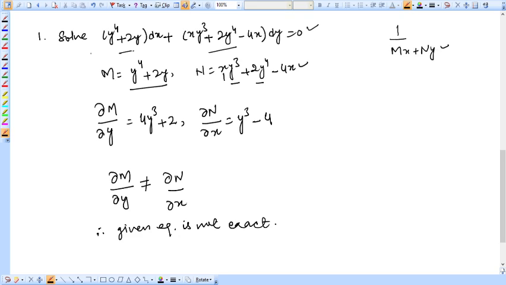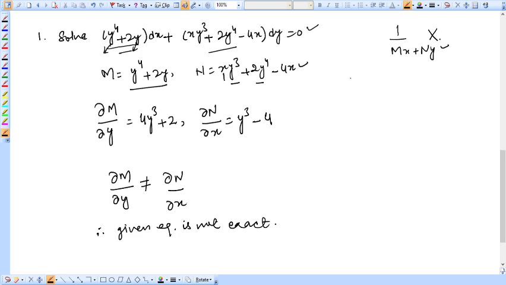So see here, is the equation homogeneous or not? Obviously it is not homogeneous because the degree of y is 4 and the degree of this is 1, therefore this is not a homogeneous function. Thus we cannot apply the first rule here.